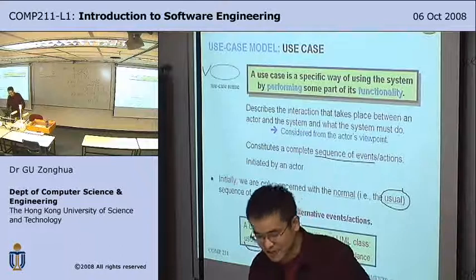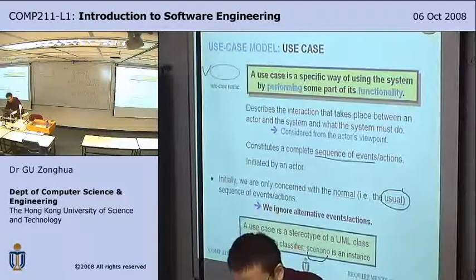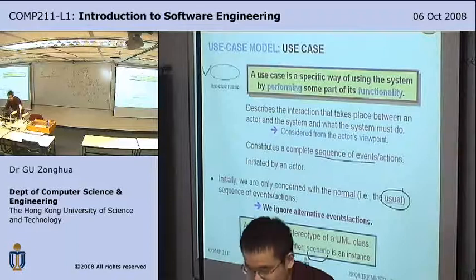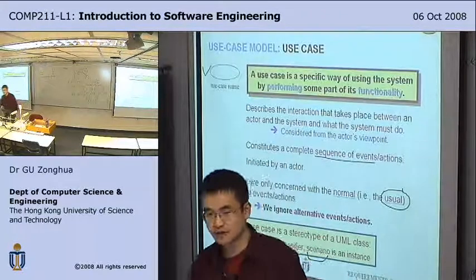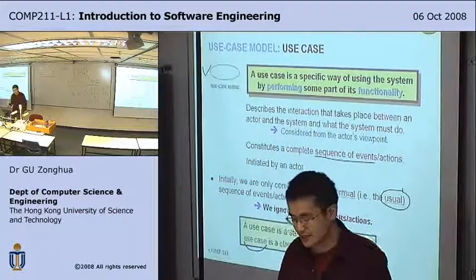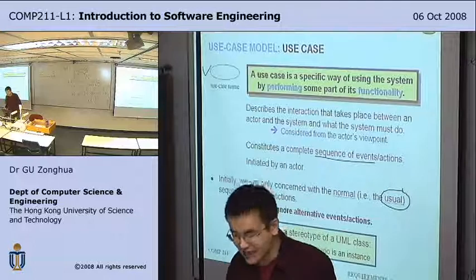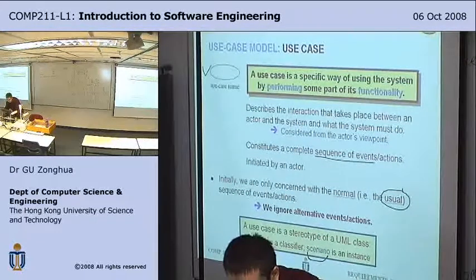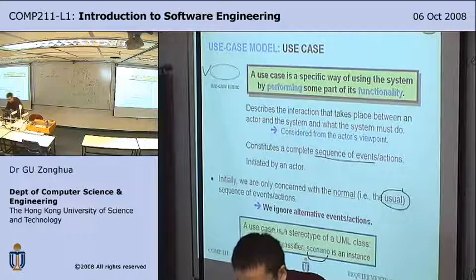So registering for a course, say it's a use case, then a specific student registering for a specific course on Tuesday, October 5th, that is the scenario. So you can have many concrete scenarios for one abstract use case.